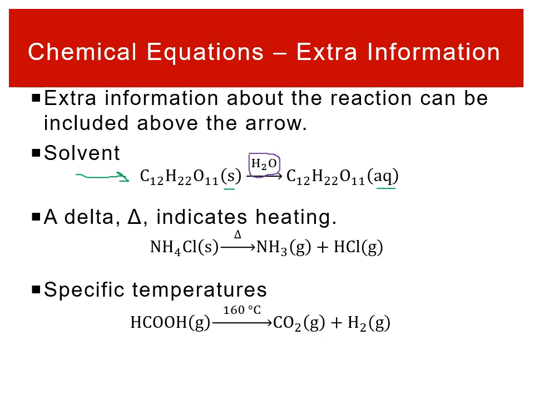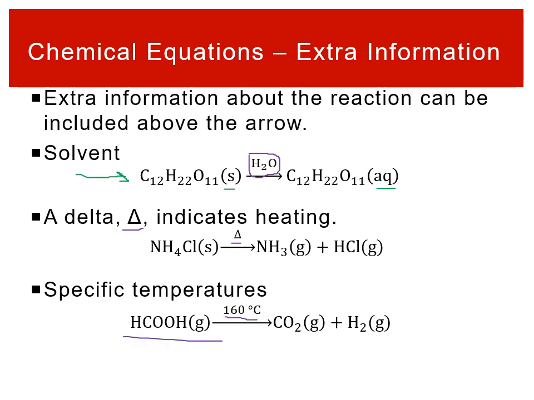You can also give information about how to do a chemical reaction. For example, delta, that's just a triangle, indicates heating. So if you take ammonium chloride and you heat it up, you will get ammonia and HCl. You can also be more helpful and give specific temperatures. So this is called formic acid.